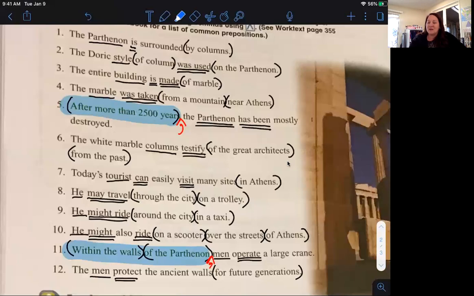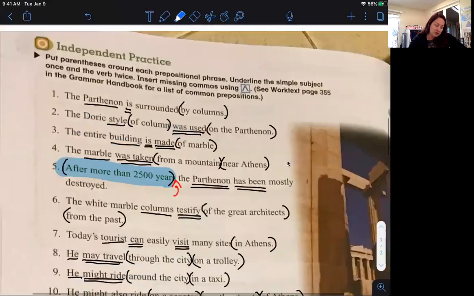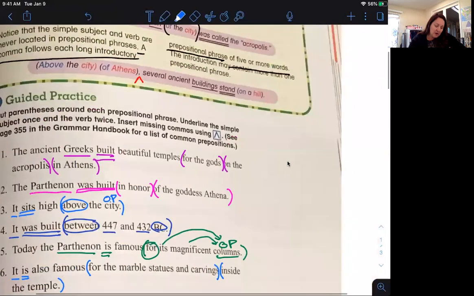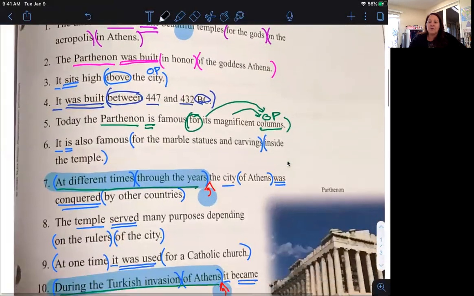Okay, and then that's going to be your subject. It can be a pronoun too. And for finding prepositional phrases, it told us here, go back to page 355 and find those prepositions. That will help you. If you're having a really hard time, go back to that page and look at it, because you guys all have your books.